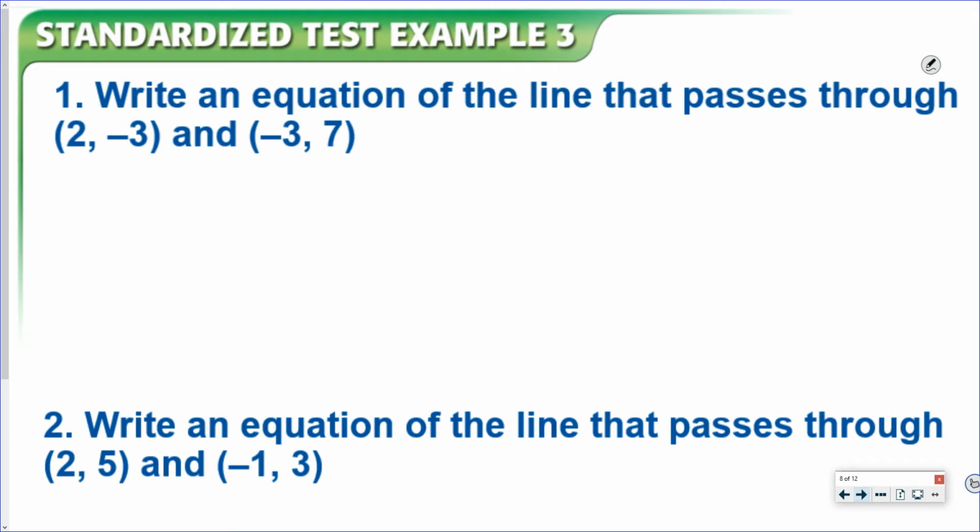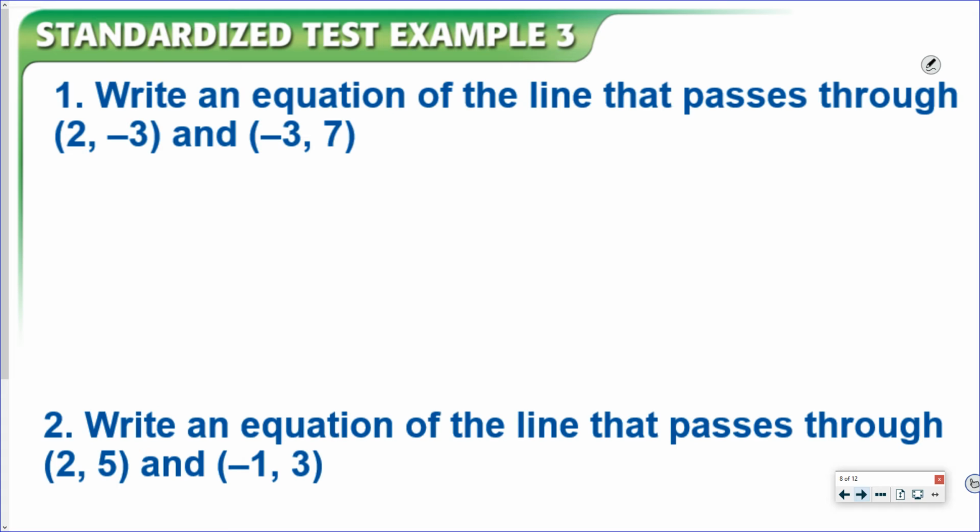Let's step it up a notch. Level 3. Write an equation of the line that passes through (2, -3) and (-3, 7). Any idea what we could do here? Yeah, use the slope formula: y2 minus y1 over x2 minus x1.